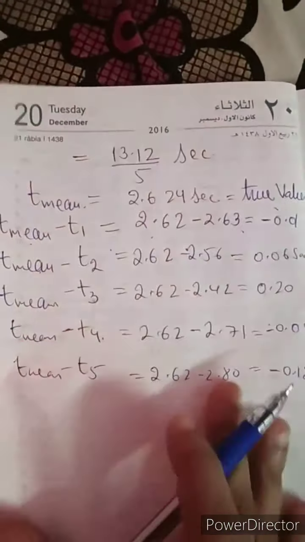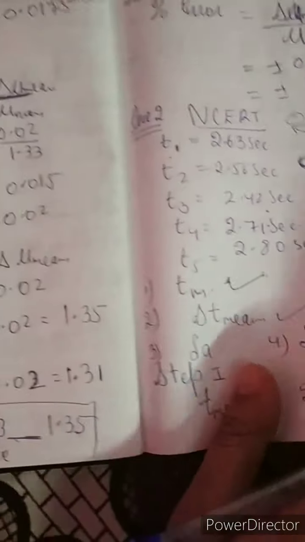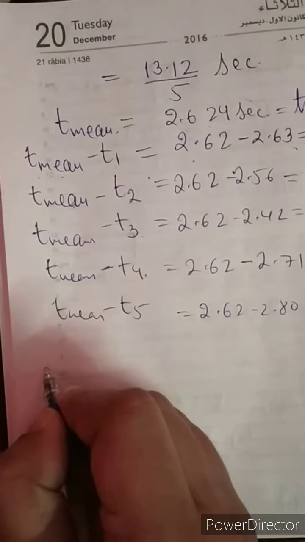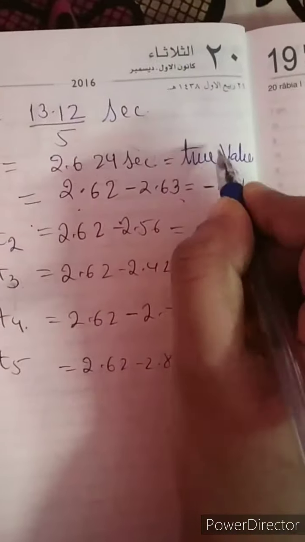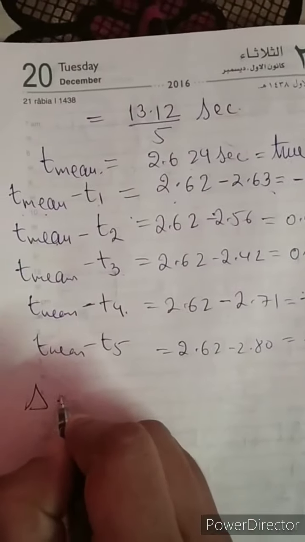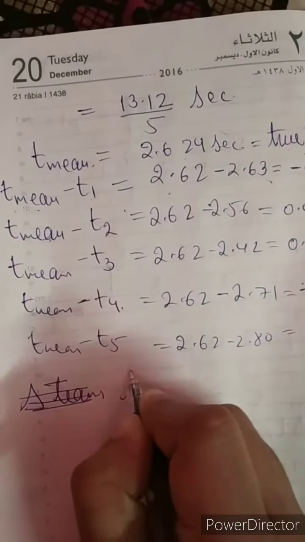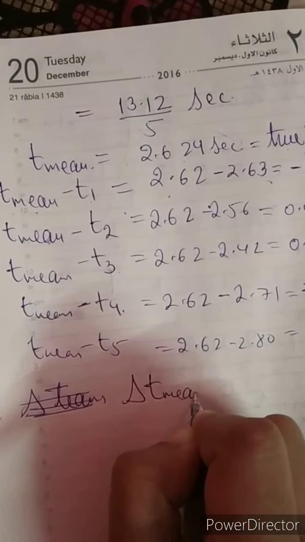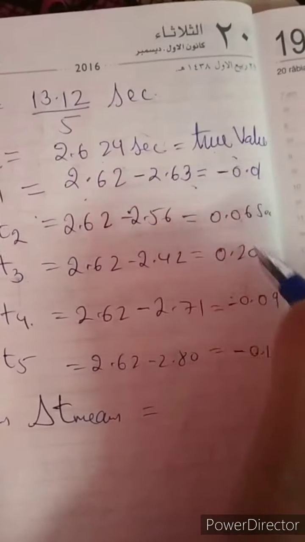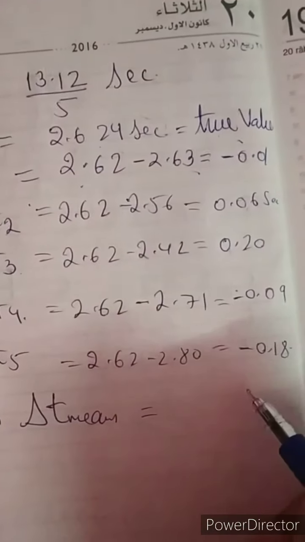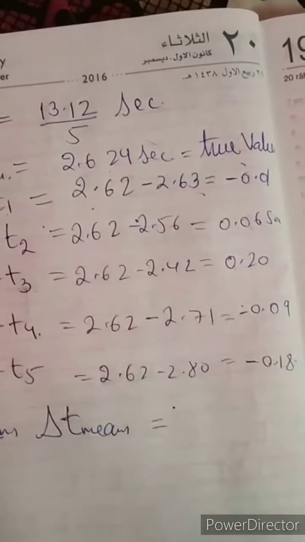What will we call this? Mean error. Now the next step is to find delta T mean. Delta means you have to find the error. These are all your delta values. So delta of T mean means you have to take the summation of all these errors and then take the mean of it.